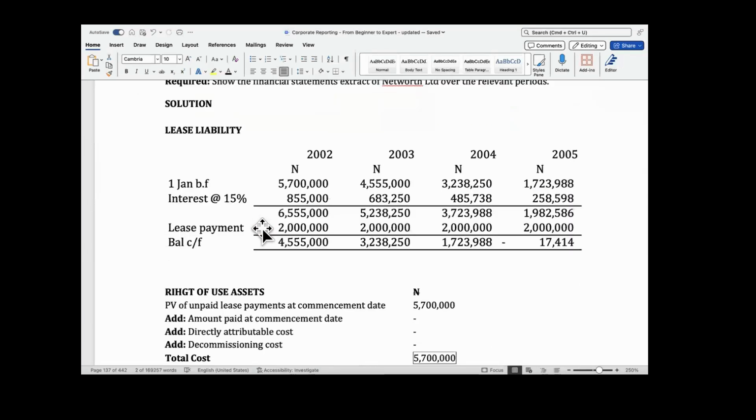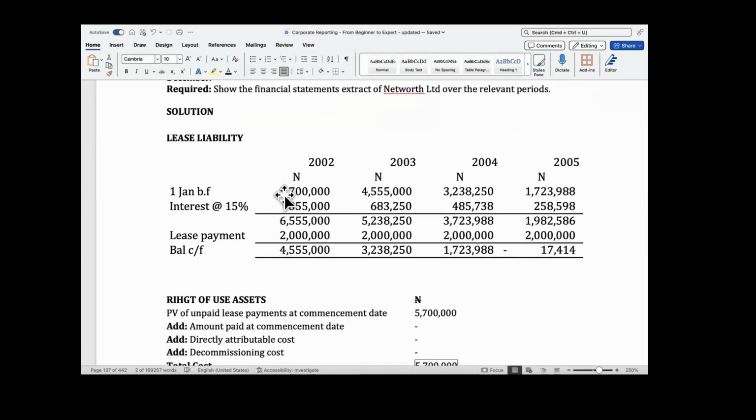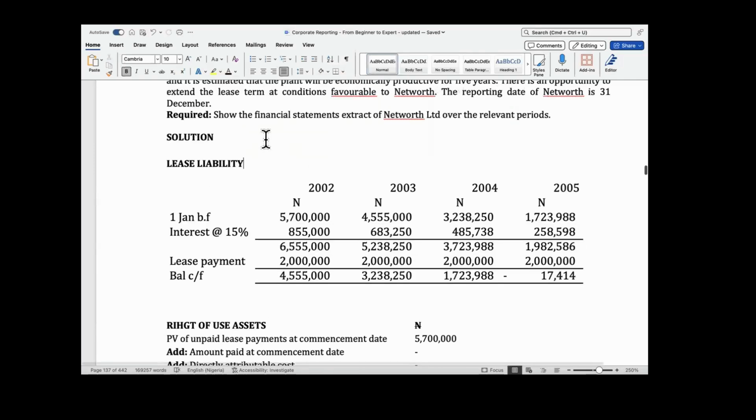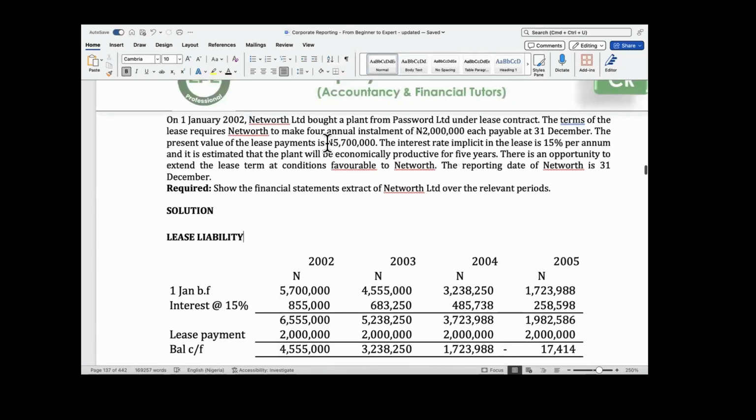At commencement date, I already told you that it's measured at the present value of the lease rentals, which they gave you in the question. Most questions would give you. If they don't, that means you use the annuity factor.